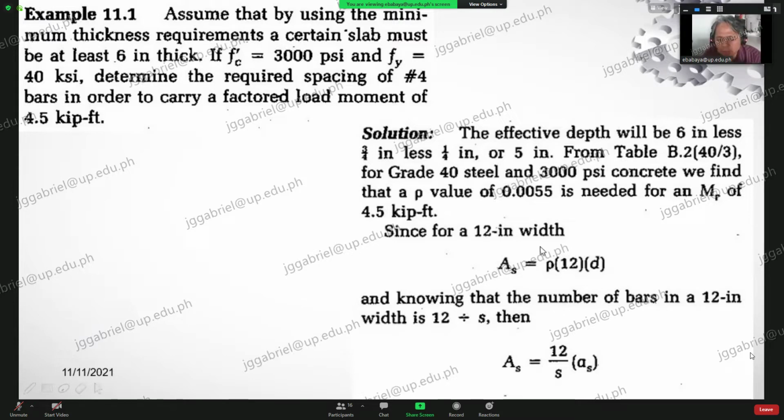Okay, the same formula, itong area of steel, no? Area of steel is equal to rho times the width times the effective depth.